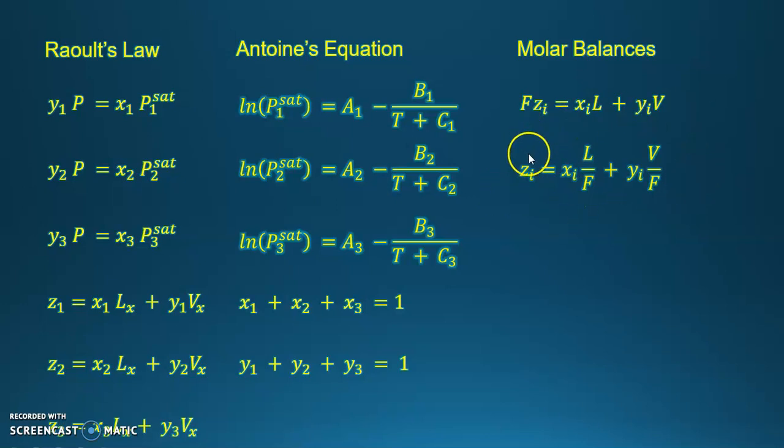So we can observe that the global composition Ci is equal to Xi times the fraction of liquid that we have in the vessel, plus Yi times the fraction of vapor that we have in the flash vessel.